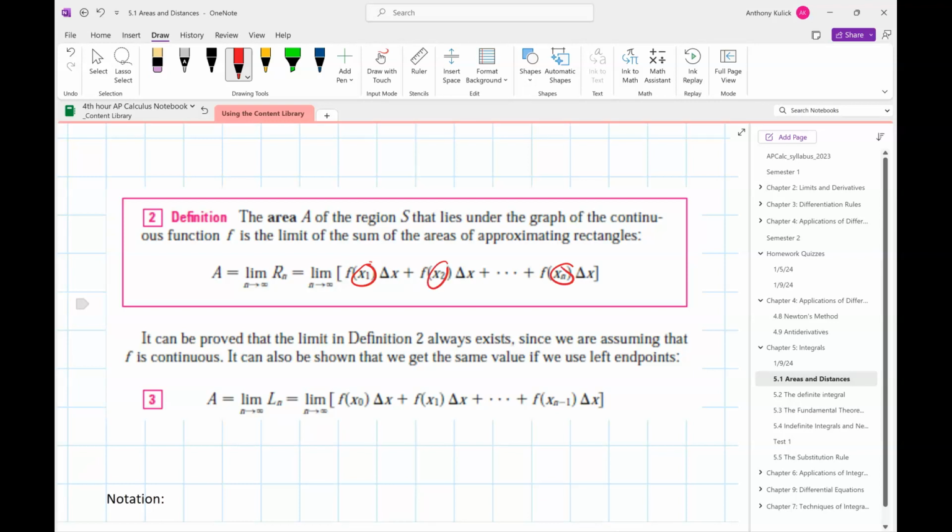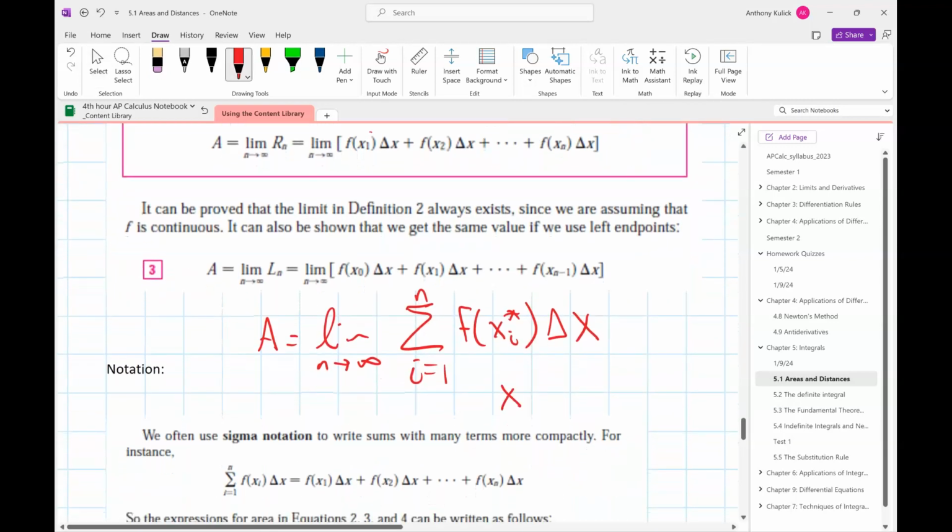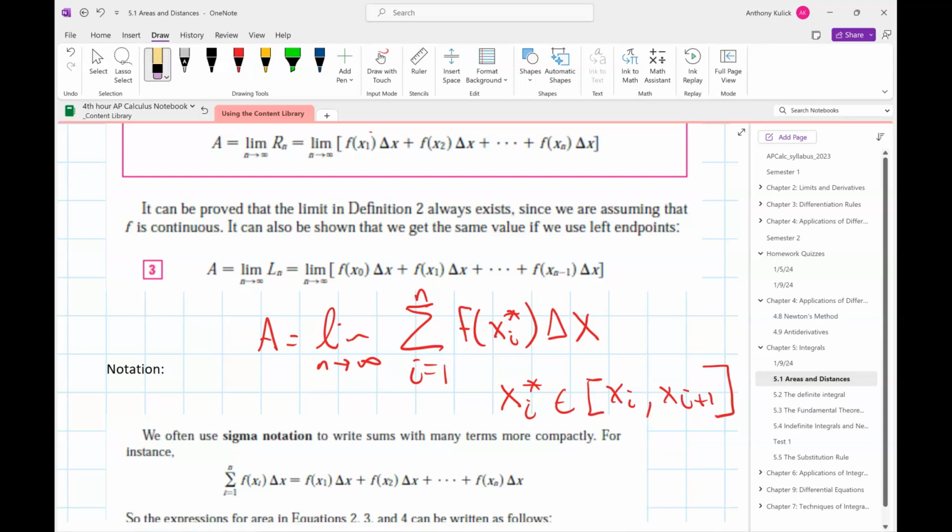If we're doing this infinitely small, we can use any value where xi star is anything on the subinterval.